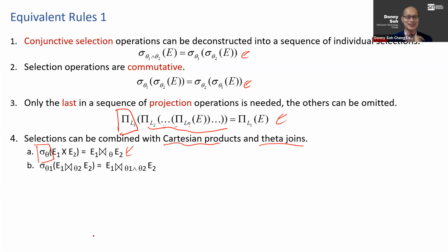This is what we did just now, right? We have a theta join and we push it to a selection. So if I have a selection here, I can also push it to become a conjunctive selection.